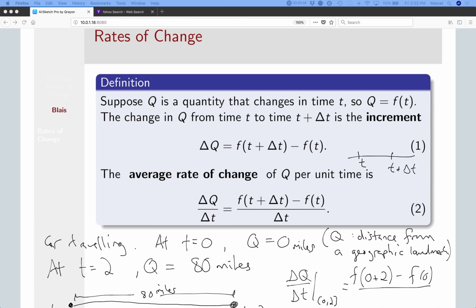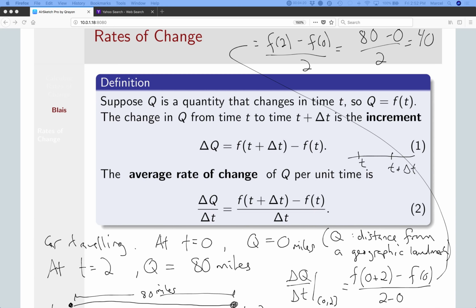And then delta t is 2 minus 0. And so we would have f of 2 minus f of 0 over 2. F of 2, so that's the distance from the landmark at 2 hours, which we said was 80 miles. F of 0 was the distance from the landmark at time 0. The car started there, right? So that was 80 minus 0 over 2, or 40.